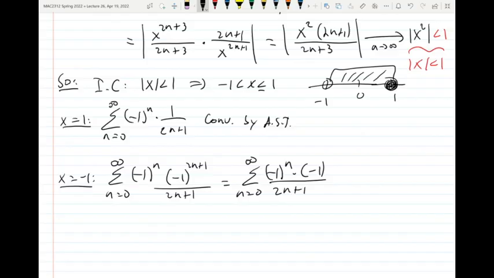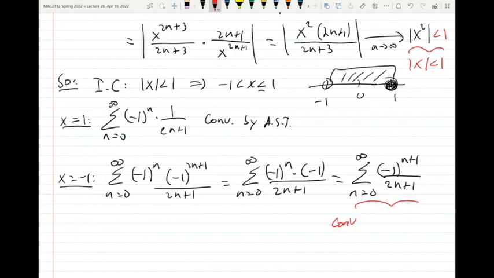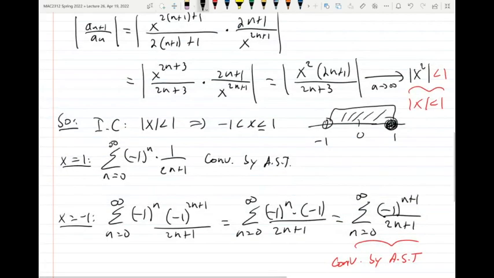And -1 to the n times -1 is -1 to the n+1. So -1 to the n+1 over 2n+1. Once again, this is alternating, and converges by the alternating series test because your a_n here will be 1 over 2n+1. So this time we actually gain convergence at both endpoints. We didn't have it before, but after integrating, we gain convergence at both of them.